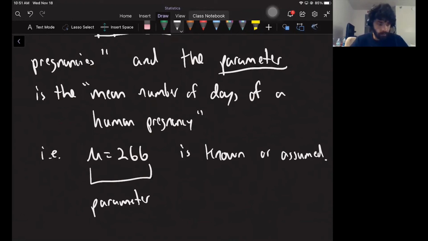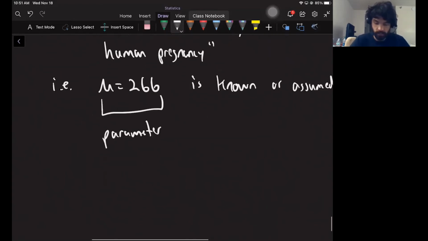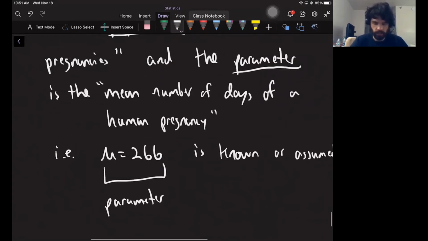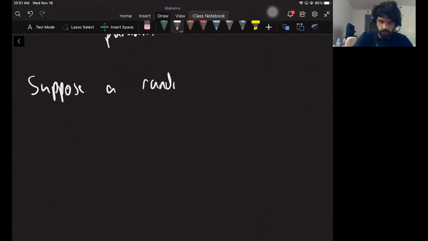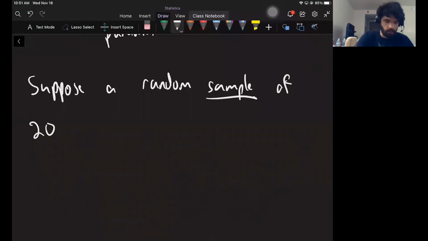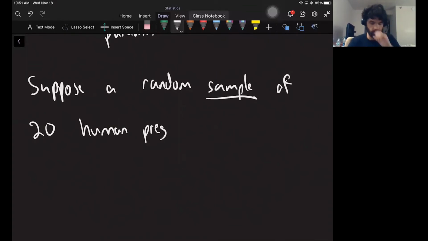Okay, so then if I take a random sample of people, suppose a random sample of, let's say, 20 human pregnancies, because that's the population, so I'm always taking samples of the population.